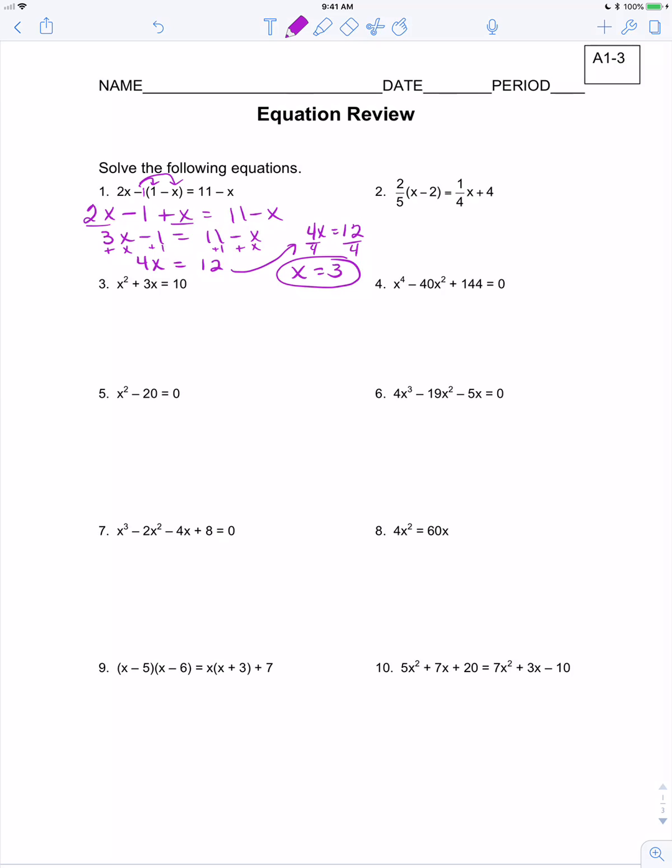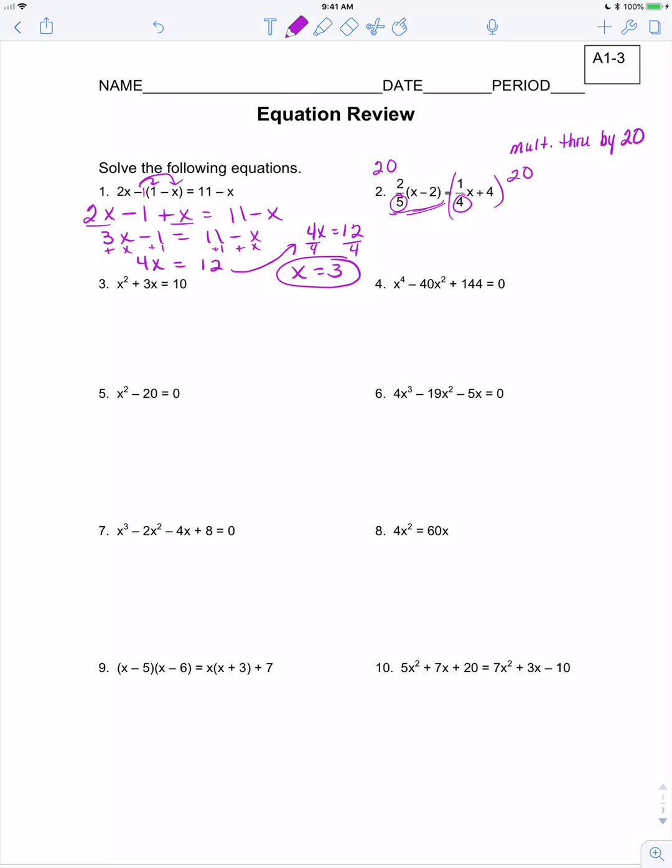All right, now number 2. Remember, if you've got fractions here, you want to multiply through by the common denominator. Well, we have a 5 and we have a 4, so we're going to multiply through by their common denominator, which would be 20. So remember, this is an entire term here. So we want to multiply this whole term here by 20, and then we want to multiply this side by 20.